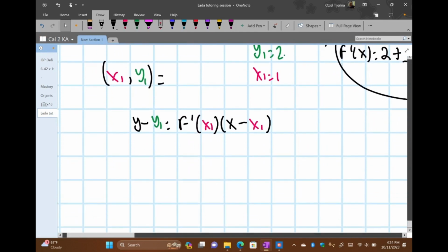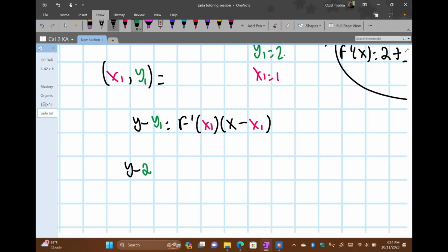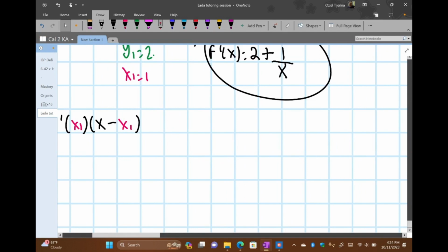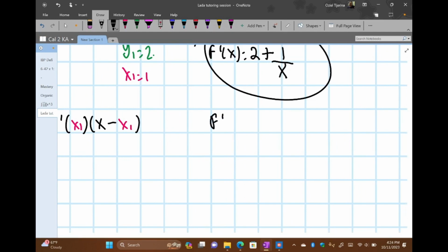So y1 was 2, so we have y minus 2 is equal to, and again, we want the derivative of f at x equals 1. So f prime of 1 is 2 plus 1 over 1, which gives me 2 plus 1, which is just 3.